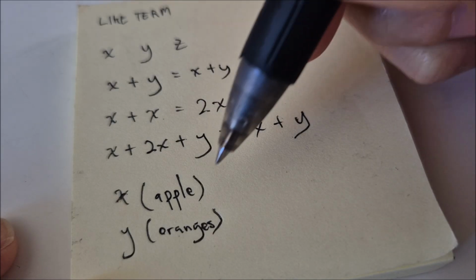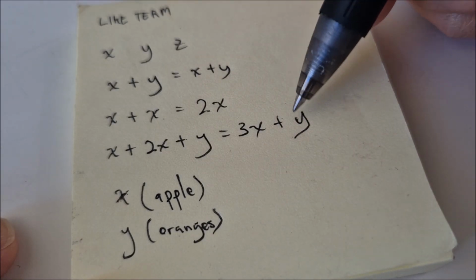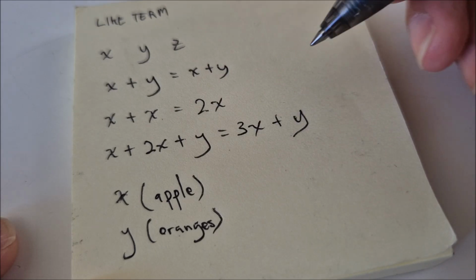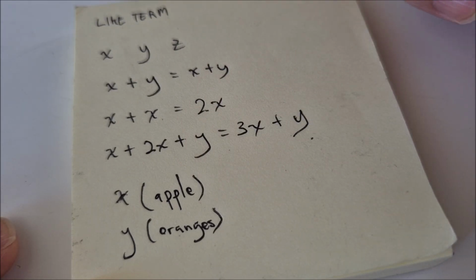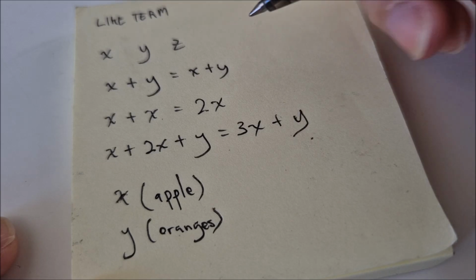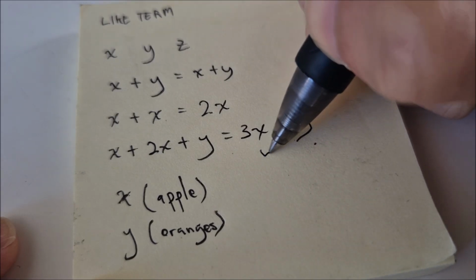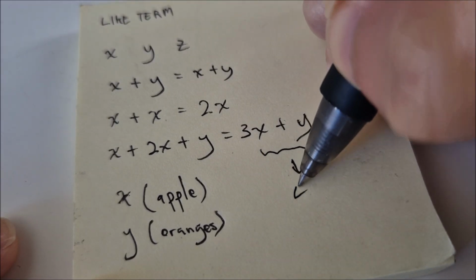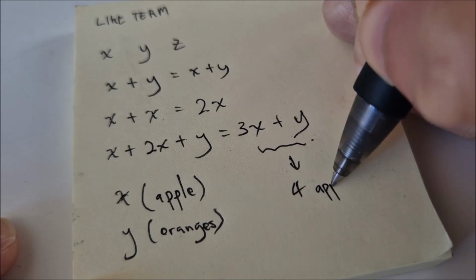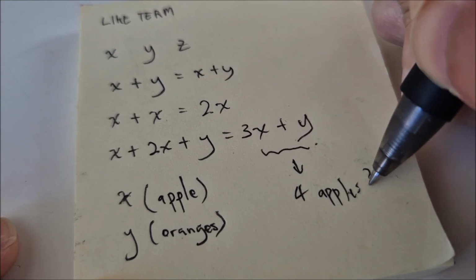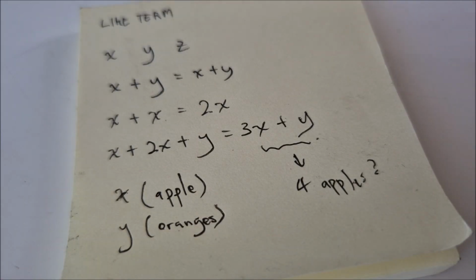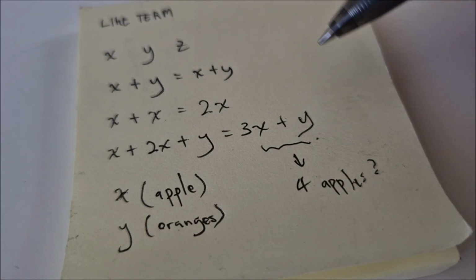But then you also have an orange, so you have 3 apples and 1 orange. You can't simply say you have 4 apples, right? Because 1 is an orange.